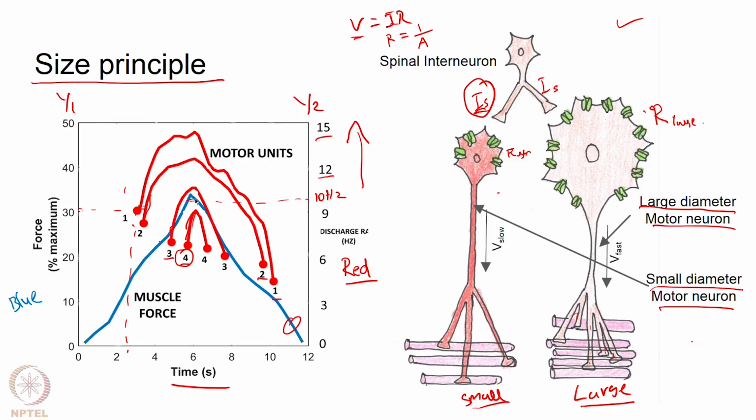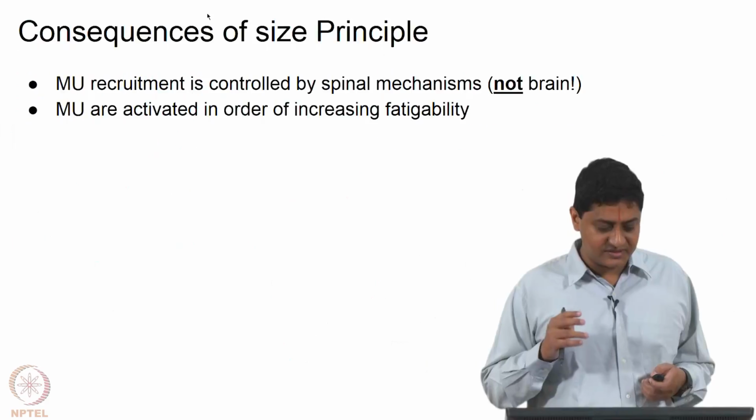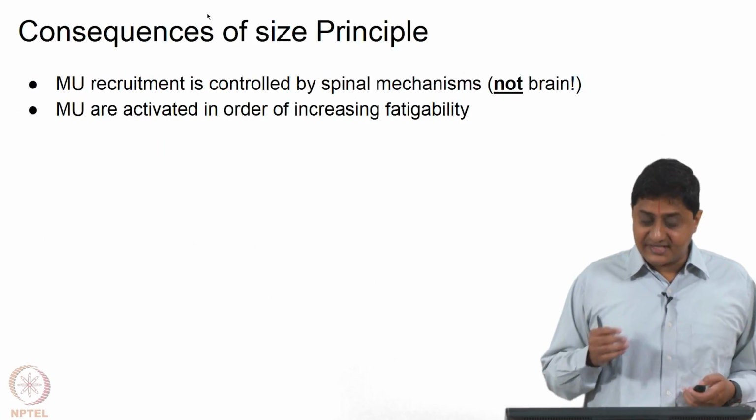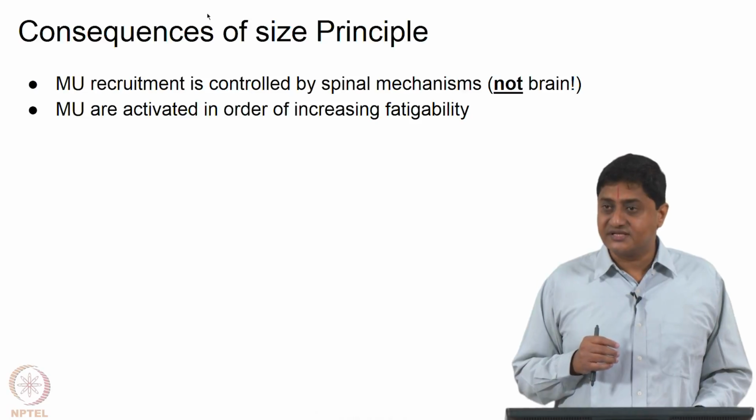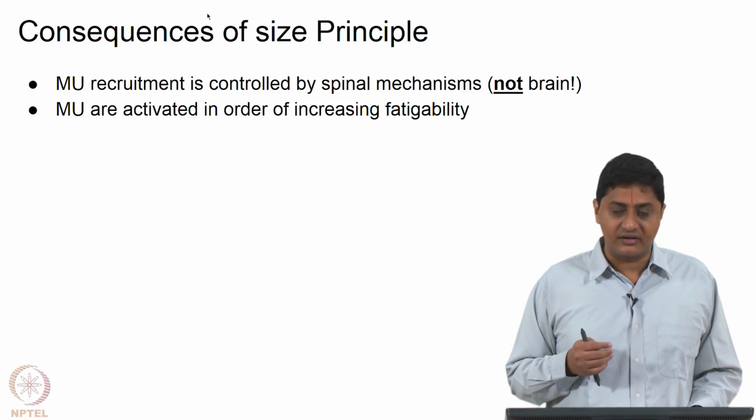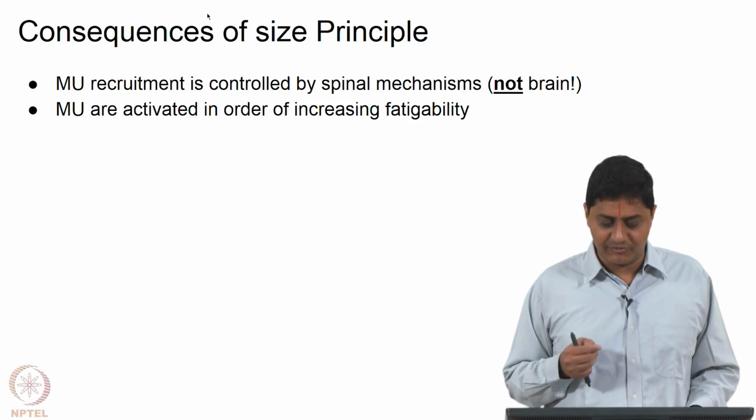So, there is not just one way, which we have seen is the size principle. The other way in which I can increase the force is by increasing the rate of firing of the motor neurons. So, there are two ways in which this can happen. One is the size principle, two is rate coding or rate of firing of motor neurons.